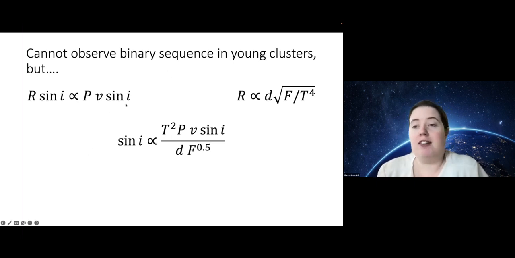Rotational velocity is usually v sin i, so we have R sin i as well here. We can also estimate the radius just by estimating how big a star needs to be, at a given temperature and at a given distance, to produce a certain amount of light. So this is just a Stefan-Boltzmann relationship that will give us the radius. Combining these two terms together, we are able to infer the inclination angle.